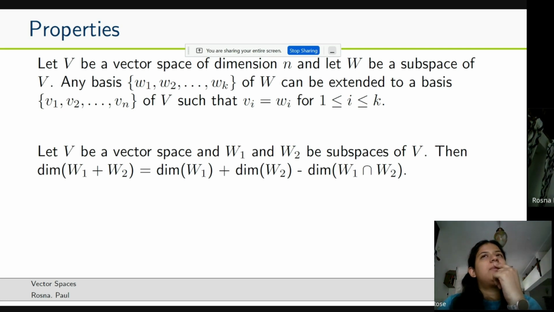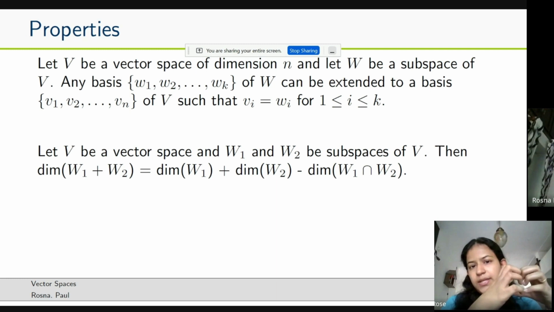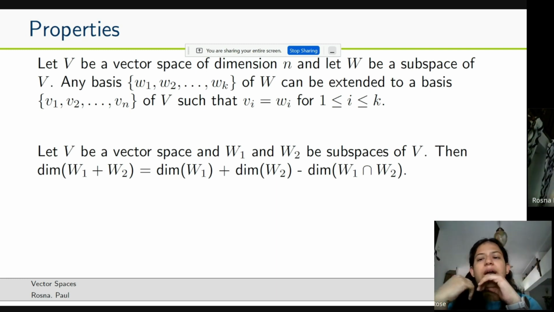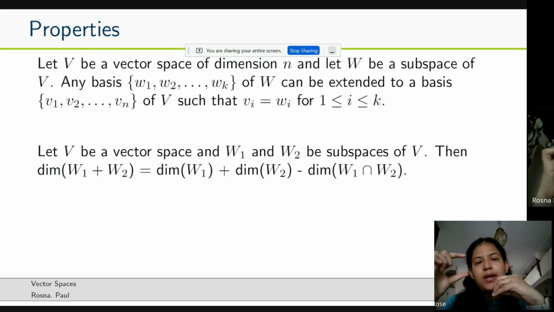If you consider, for example, polynomials of degree n, and you have a subspace which has some properties, like there is no constant term, and you only know the basis of that small subspace, then if they ask you to find the basis of the whole polynomial space, you can just look at what are the missing basis elements, and you can add them to your collection.